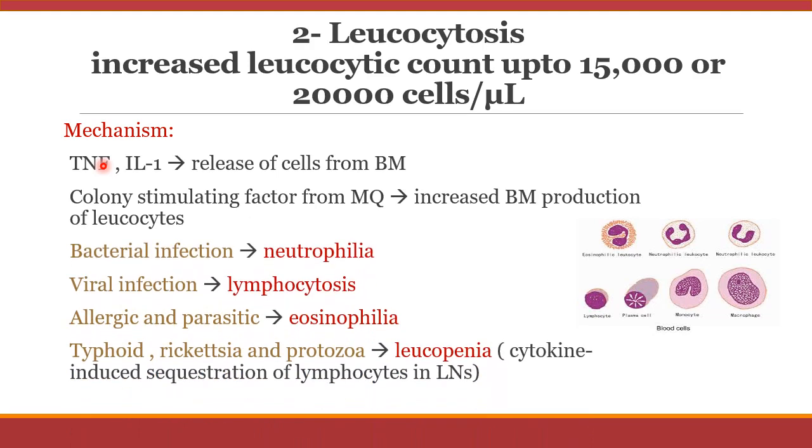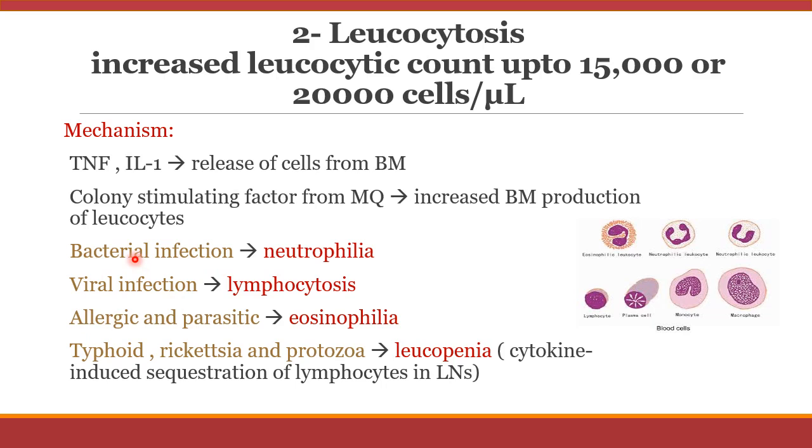So what are the different types of white blood cells that are increased in different types of infections? First we have the bacterial infections. They are mainly characterized by an increase in neutrophil count, or neutrophilia. Then we have viral infections.